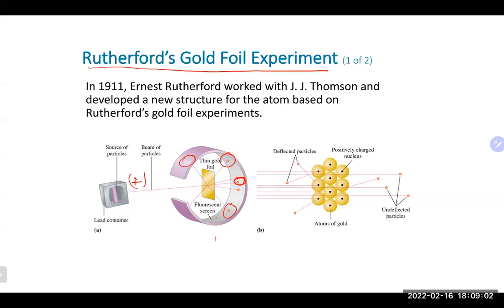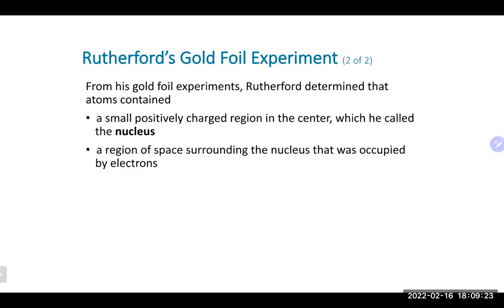What that meant was they had to rethink the structure of the atom, throw out that plum pudding model, and come up with a new version of the atom that accounted for what they really saw in their experiments.